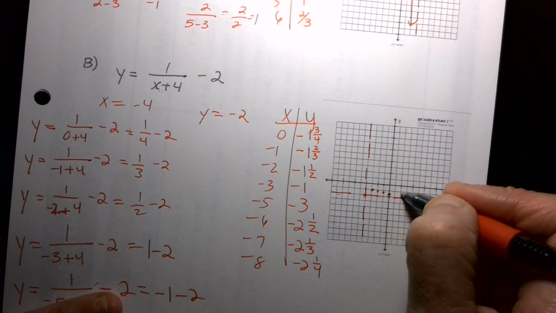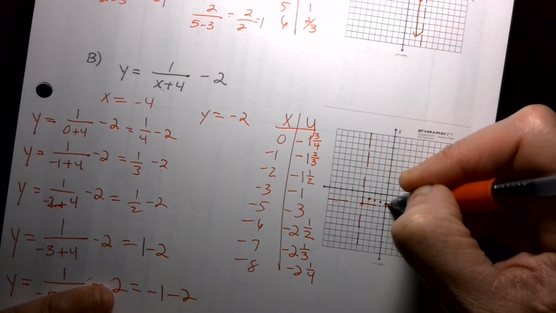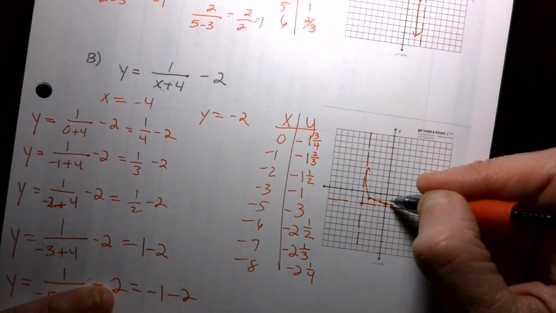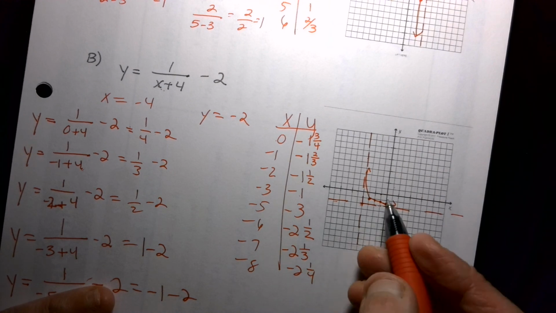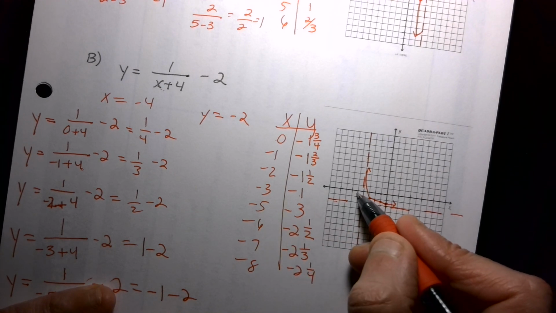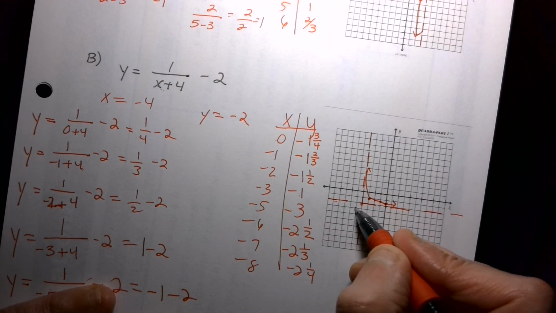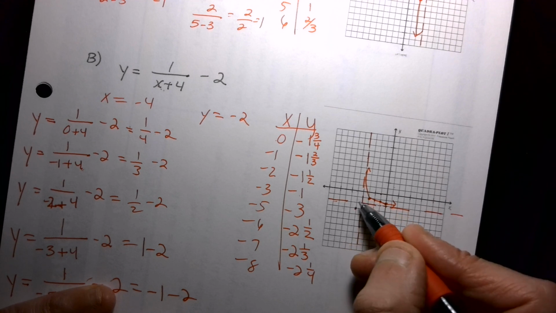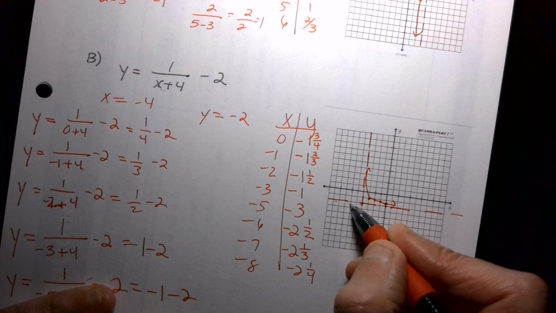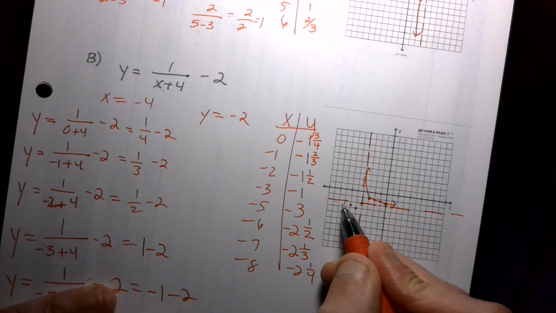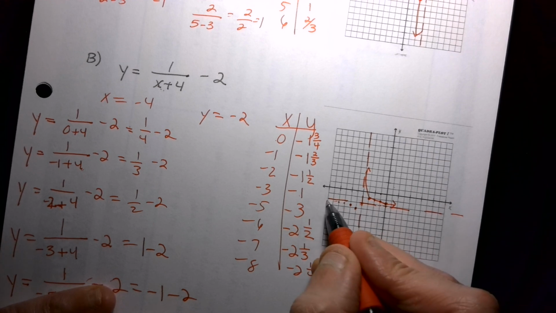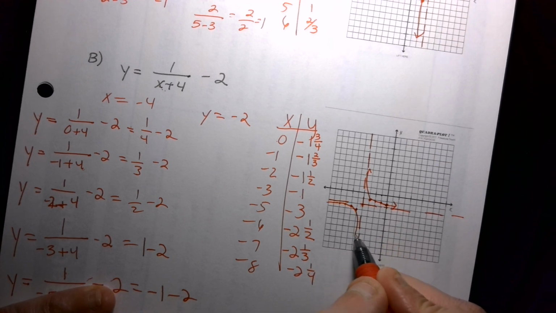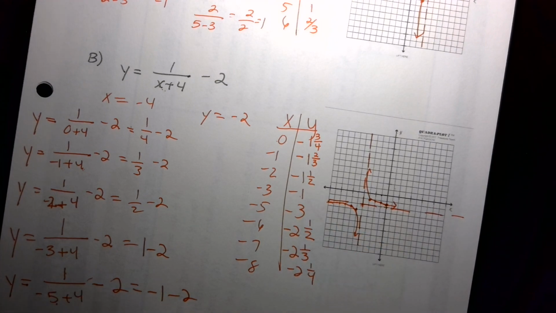So that's kind of crummy because that's hard to see the change there. We'll go with it. Negative 5, negative 3, negative 6, negative 2.5, negative 7. See, so it just slowly starts getting closer to that line. And we are done with that.